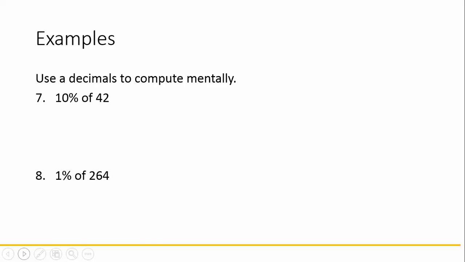So 10% of 42, remember it's like multiplying by 0.1 or moving the decimal place 1 unit to the left, so it would be 4.2. On number 8, multiplying 1% times 264, that's like multiplying by 0.01 or moving the decimal place 2 places to the left, so 2.64.